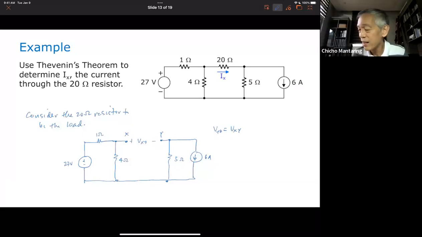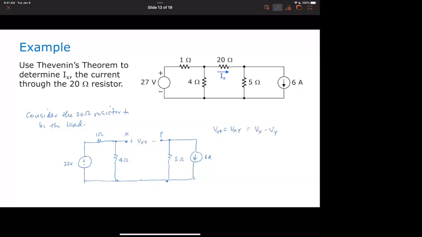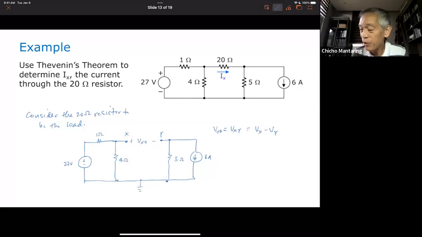That's right, no? Vxy is just Vx minus Vy. No? Yeah. And the voltage at node X with respect to this reference minus the voltage at node Y with respect to this reference would give us Vxy. Now, you mentioned that Vy is what?